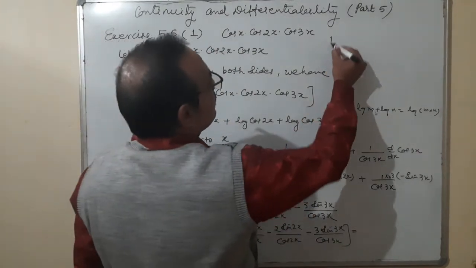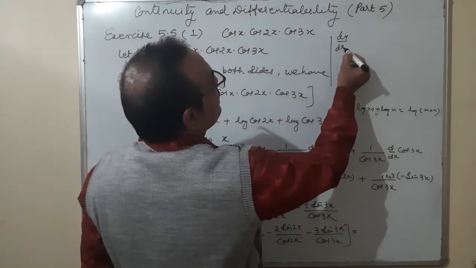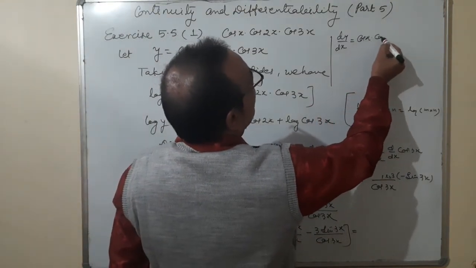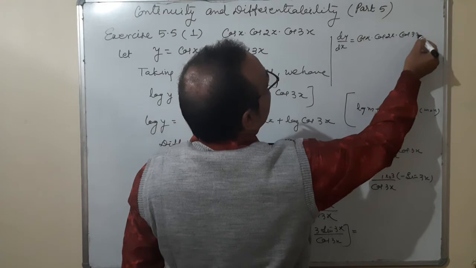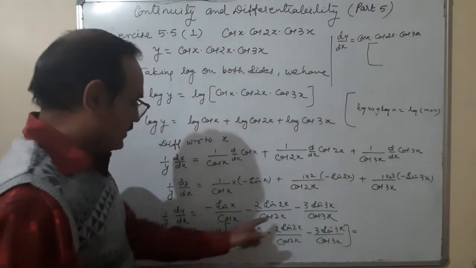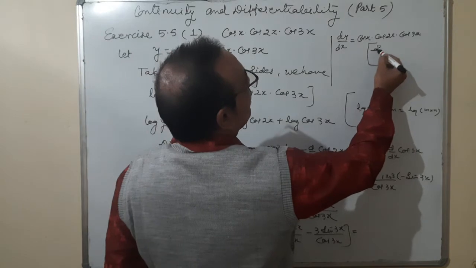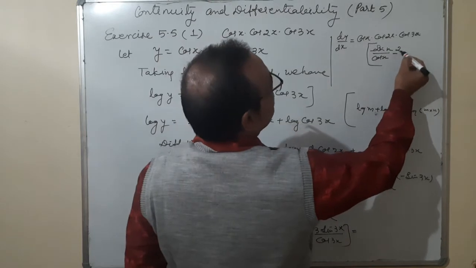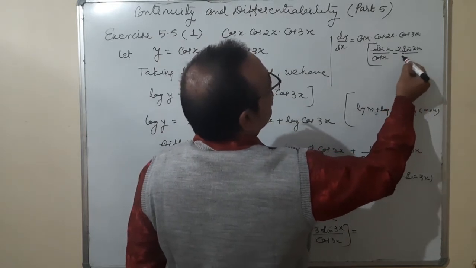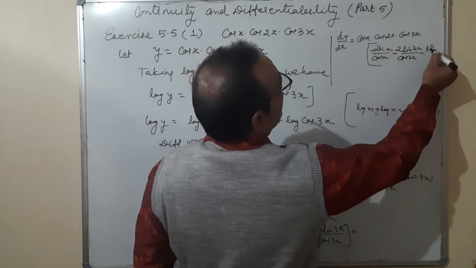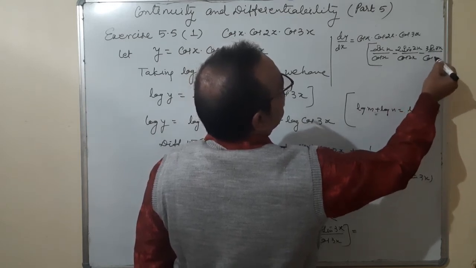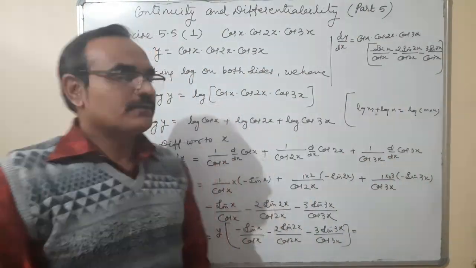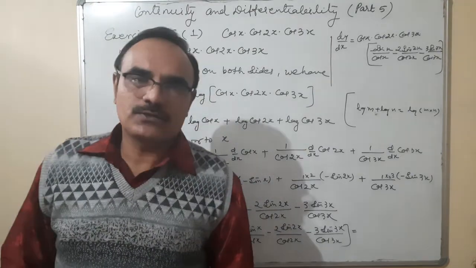So finally dy by dx is equal to cos x into cos 2x into cos 3x multiplied by this entire term: minus sin x upon cos x minus 2 sin 2x upon cos 2x minus 3 sin 3x upon cos 3x. This is the differentiation of cos x into cos 2x into cos 3x.